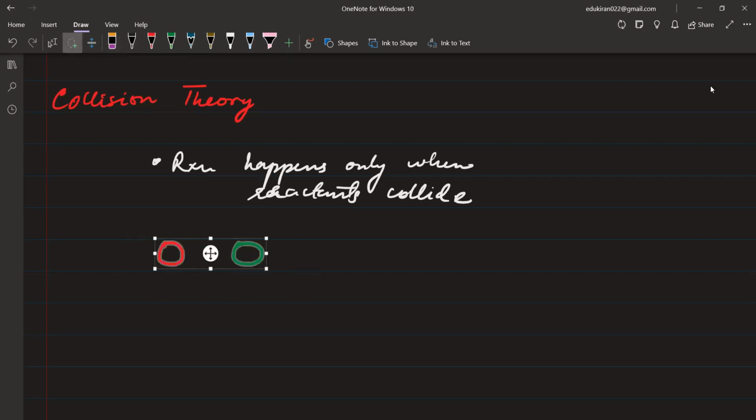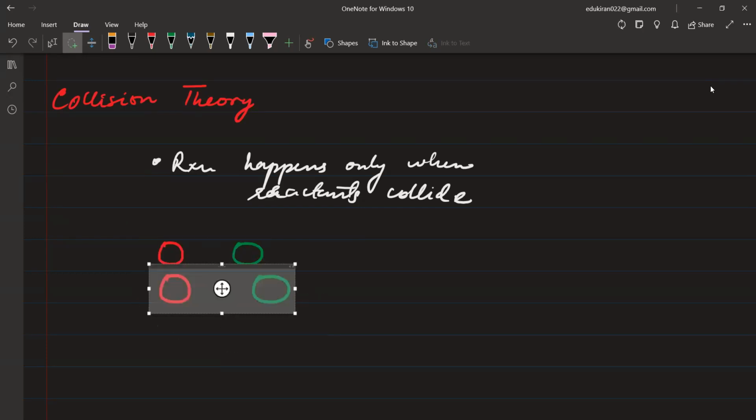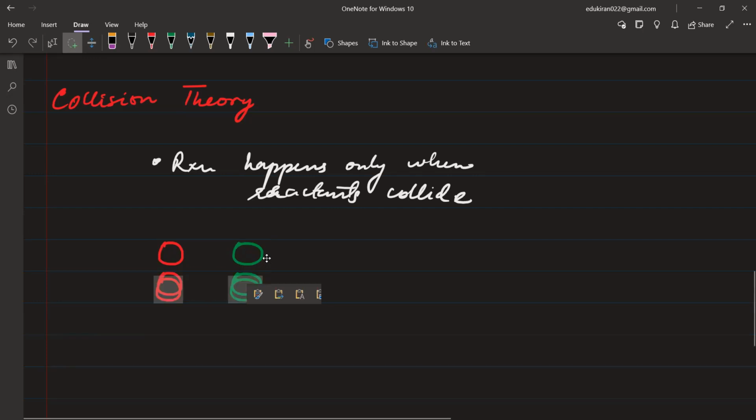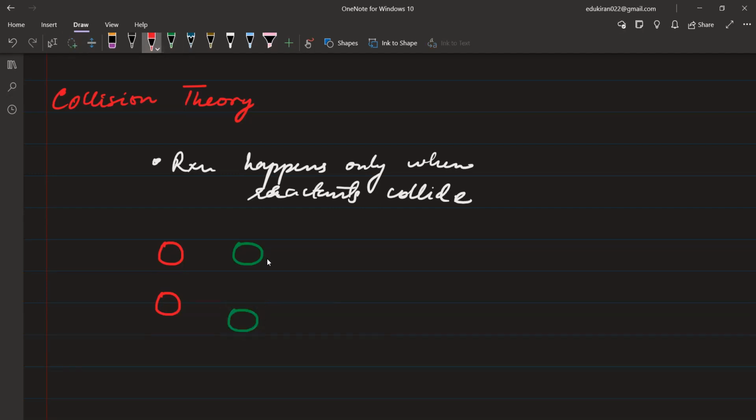There is a way in which they can collide completely head on, a head-on collision.